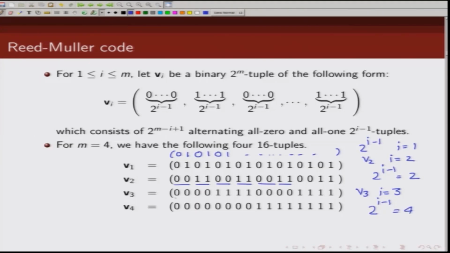So, you have runs of 0 for 4 times, followed by runs of 1 for 4 times, then again runs of 0 and runs of 1. What about V4? Here i is 4, so 2 raised to i minus 1 will be 8. So, we have runs of zeros for 8 times followed by runs of 1 for 8 times. That is how we define this binary m tuple for each i going from 1 to m.